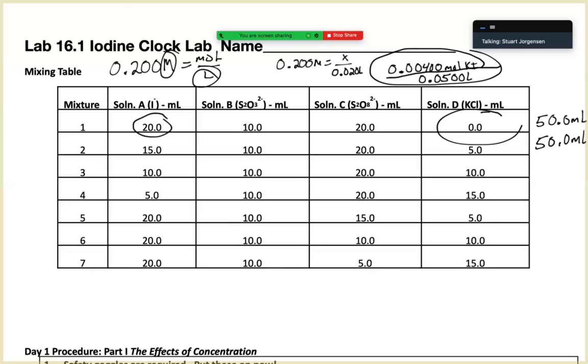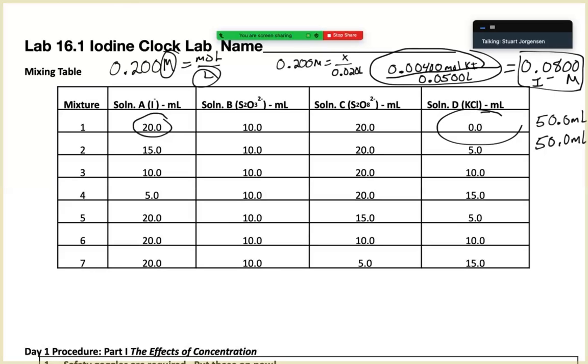We divide those and we get a new starting concentration once everything's been diluted: 0.0800 molar for our iodide solution, I minus. So we have to go through, do a little bit of work, and figure out what all the new concentrations are right when we add them all together. And these will be the initial concentrations we'll use for all of our trials.